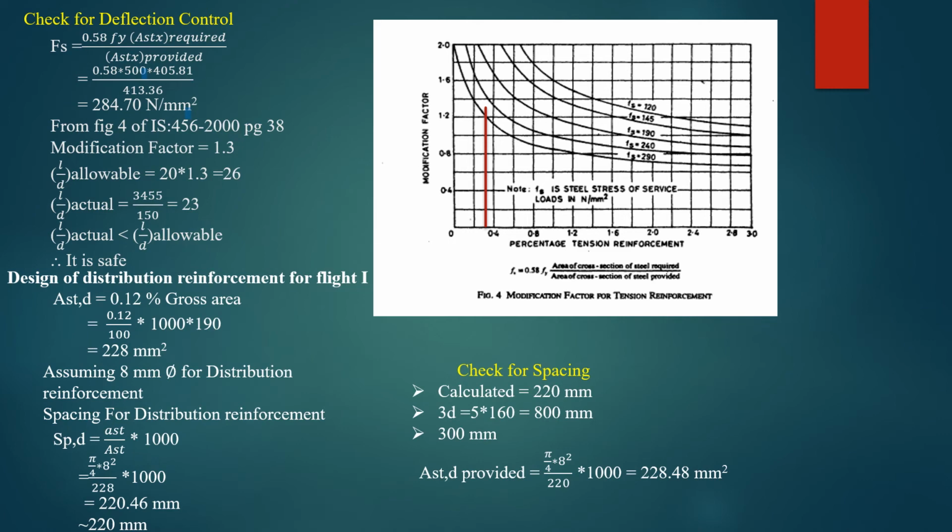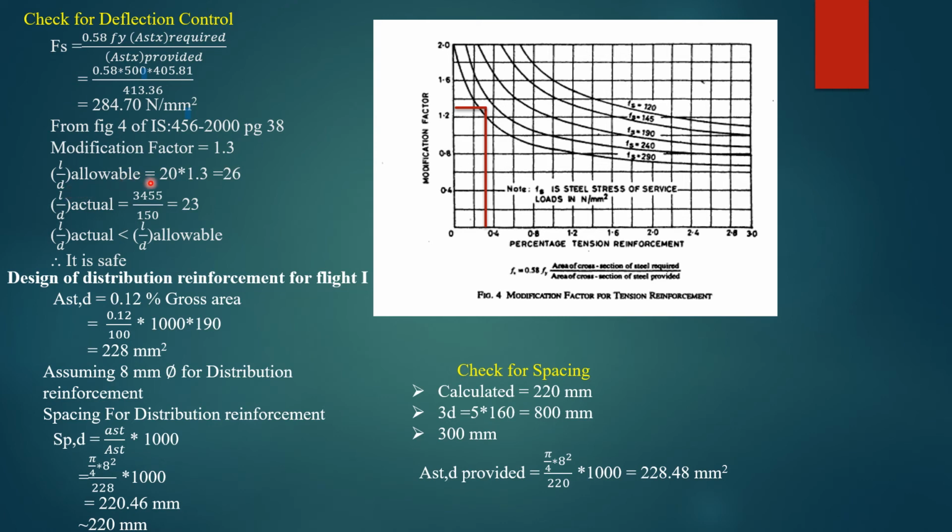From the x-axis, do you see this line? We take it above. We already know our PT percentage. From this we get the modification factor as 1.3.